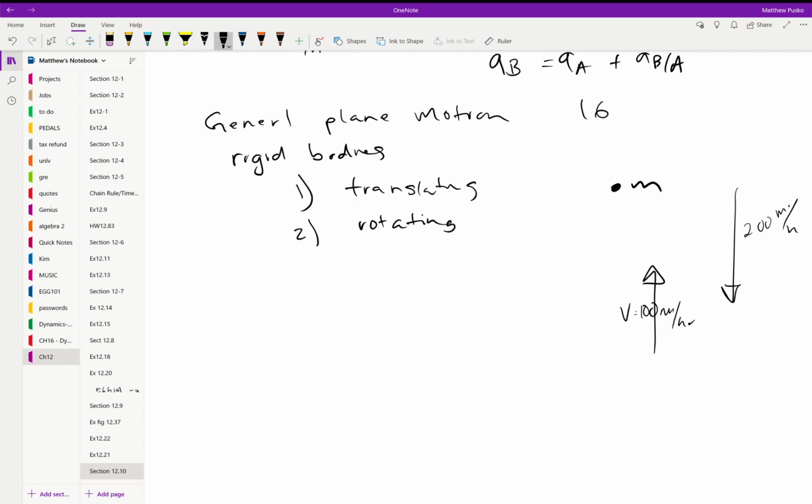Well, then if this is the velocity of A and this is the velocity of B, you can say the velocity of B with respect to A is equal to 200 minus negative 100. So with respect to each other, they are going 300 miles per hour past each other.